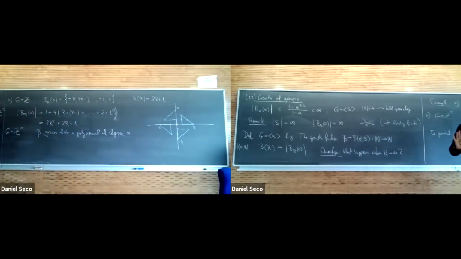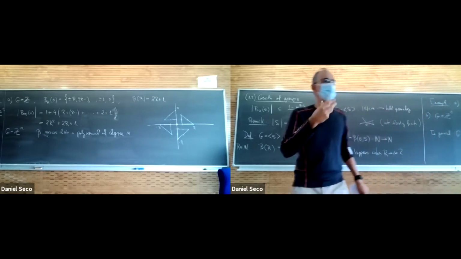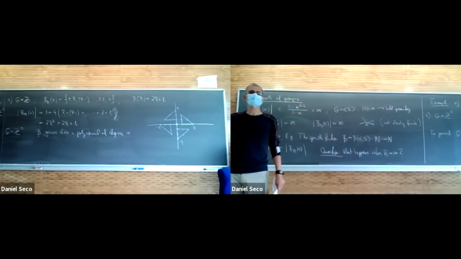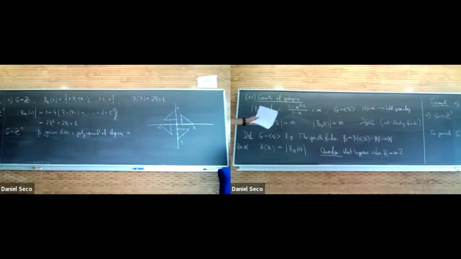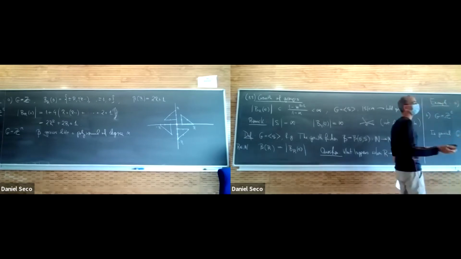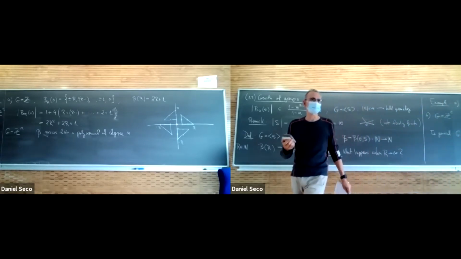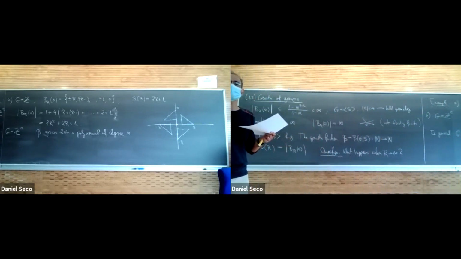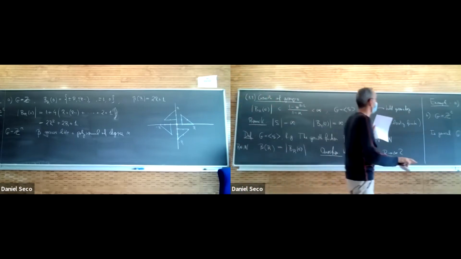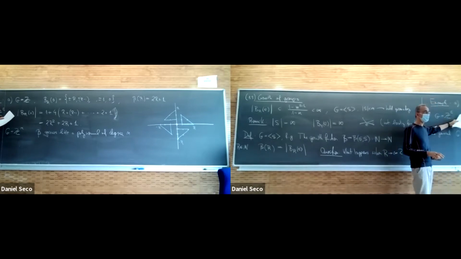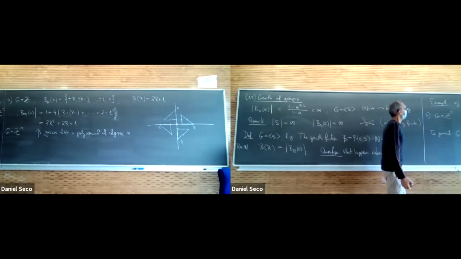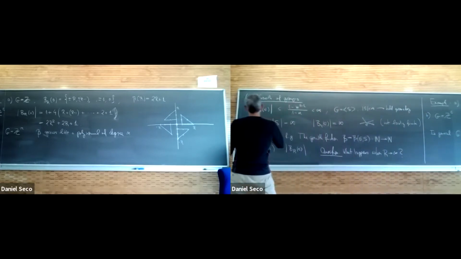And now the last example will be the free group, and we start the exercises with a Cayley graph. Maybe we are actually doing the first exercise of chapter 1. So let me just show you what happens with the free group. We will see that the growth function there grows exponentially, and that's a very important difference between Z^n, which is an amenable group, as we are going to see in chapter 2, and the free group.